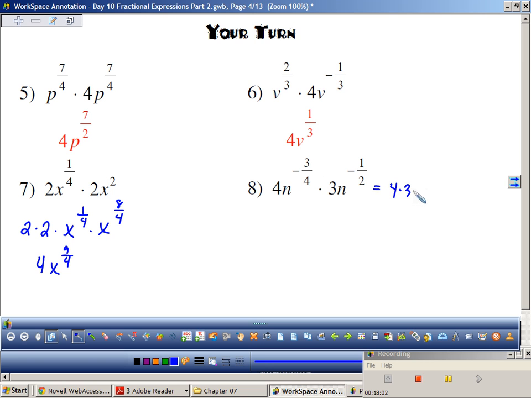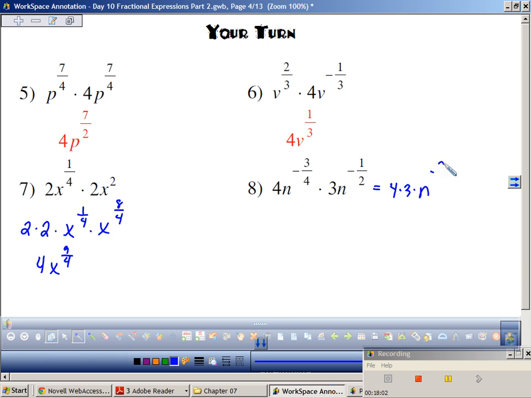4 times 3 times n to the negative 3/4 times n to the negative, let's change 1/2 to 2/4, which equals 12 times n to the negative 3/4 and negative 2/4 is negative, just kidding, 5/4.